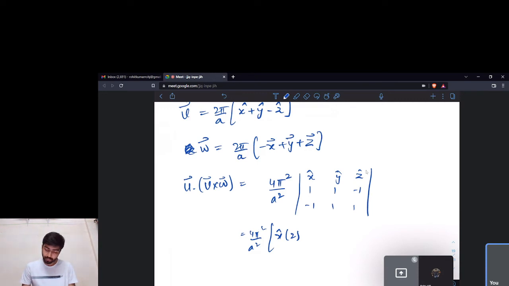Okay, and then for y it comes out to be negative, plus z, plus 1.